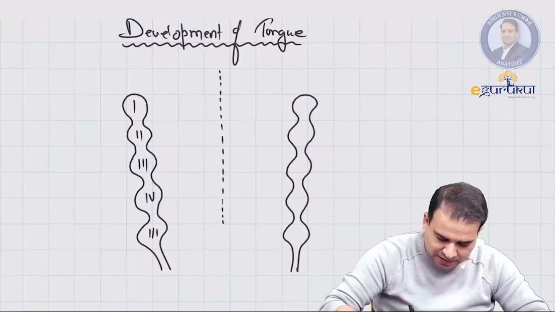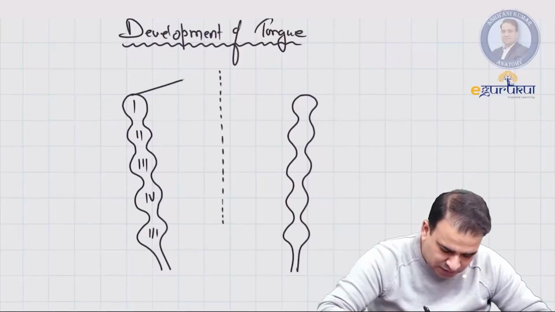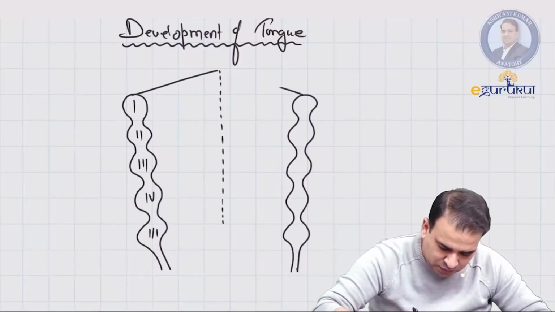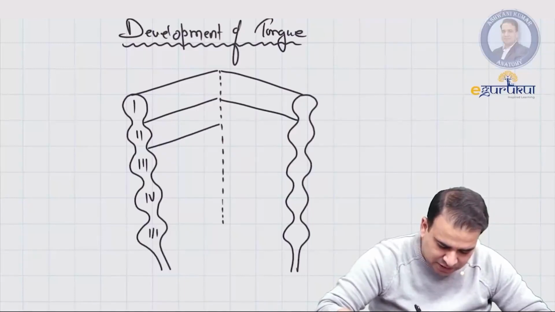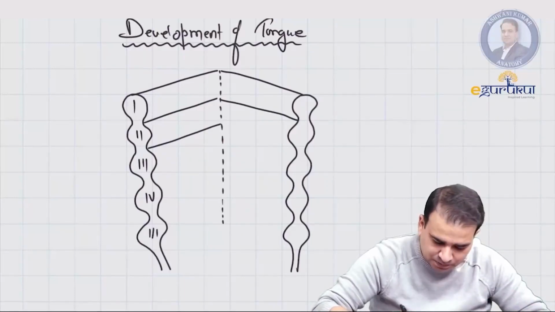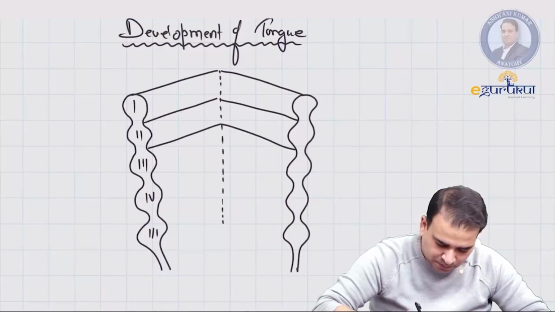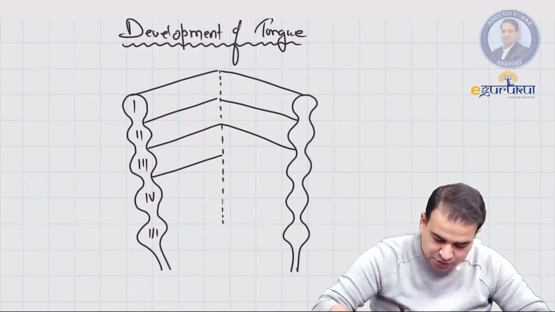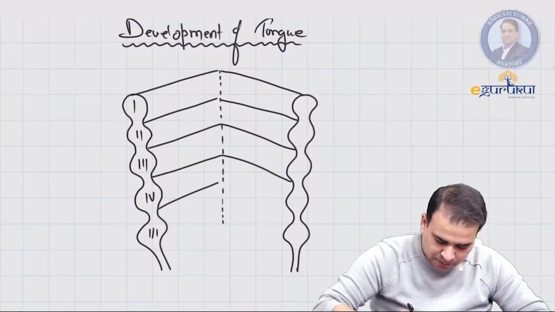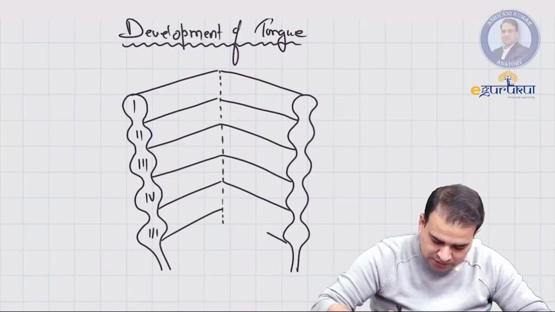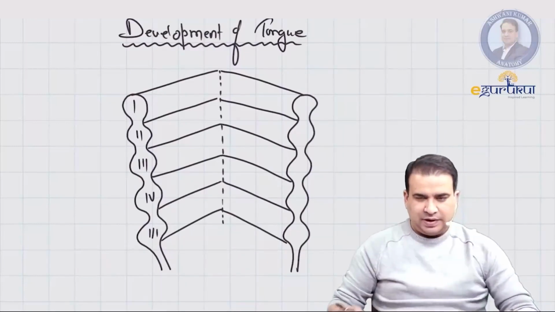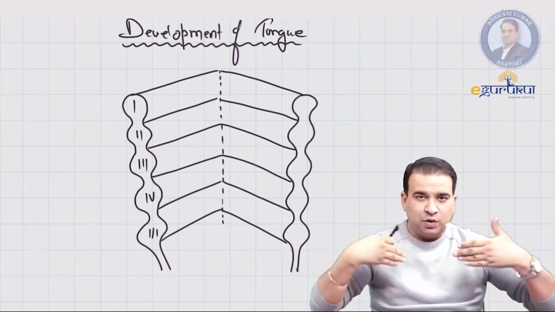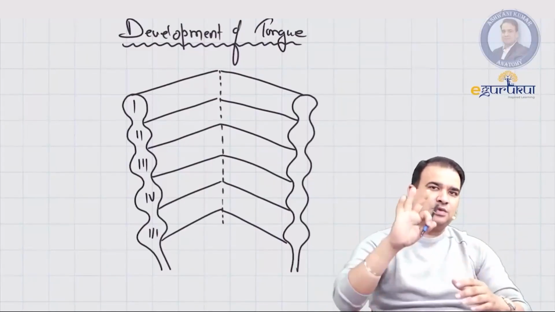Let's say this is the midline here. If this is the first pharyngeal arch, that will fuse with the first one of the opposite side. Here's the second pharyngeal arch, third arch, there is a fourth one, and here we have the sixth pharyngeal arch. So you're looking at the pharyngeal arches going ventrally and fusing in the midline, and you're seeing it from the back.